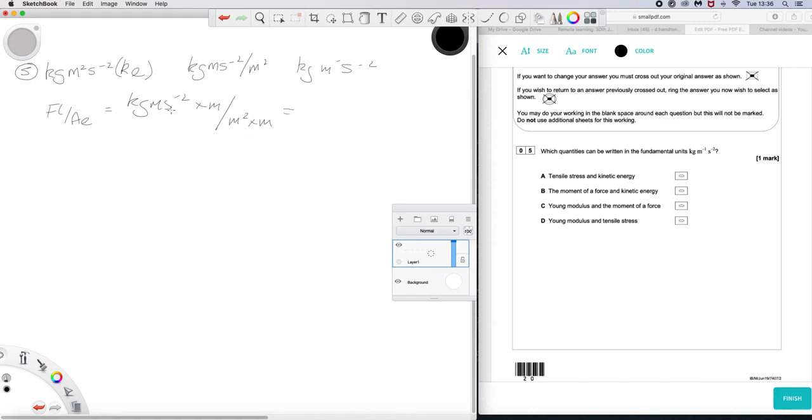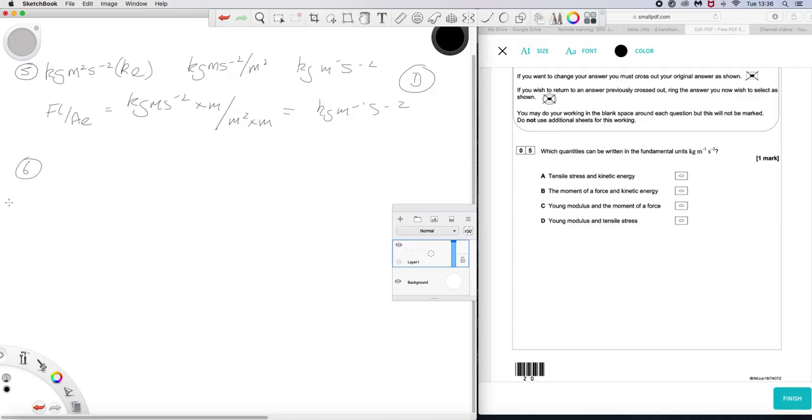That gives us kilograms, meters divided by meters cubed, is per meter squared, times meters per meter. So that's kilograms per meter per second squared. So Young's modulus works. So we know Young's modulus works, we know stress works. The answer is D. So you just have to work through these. Some of them are faster than that.